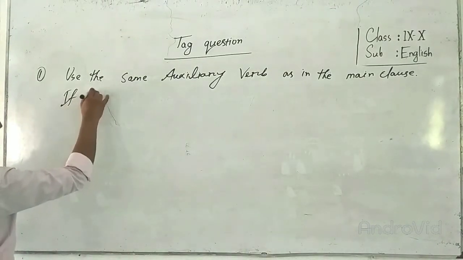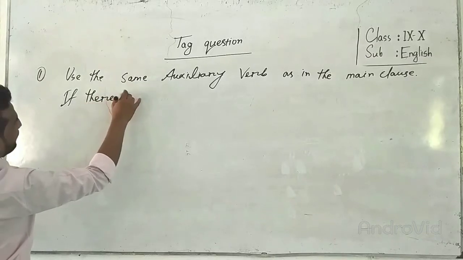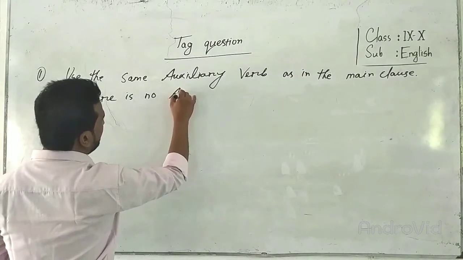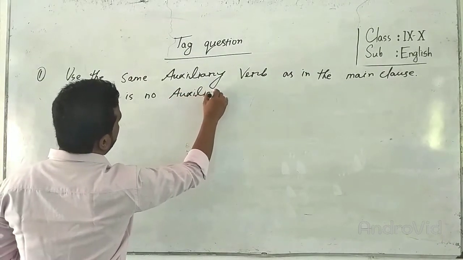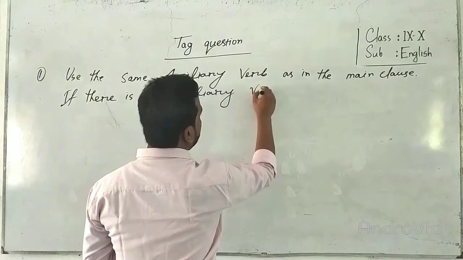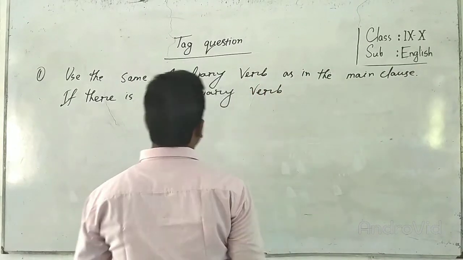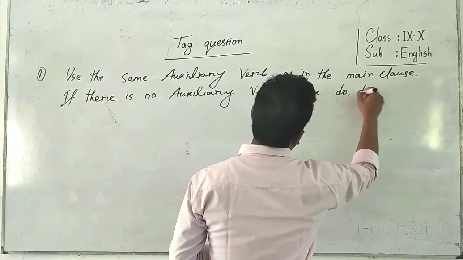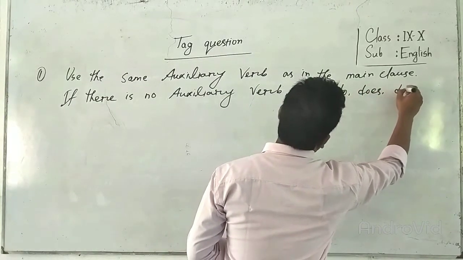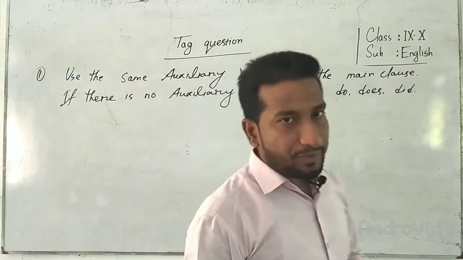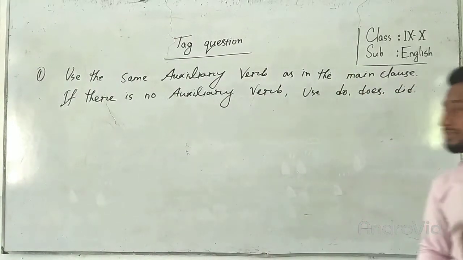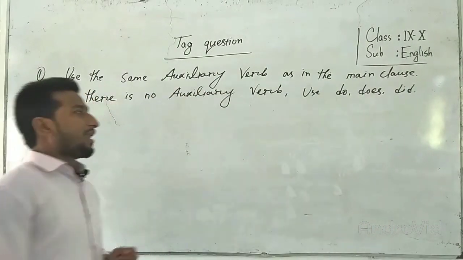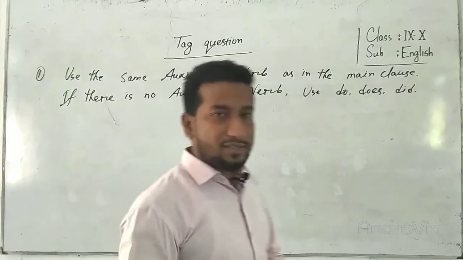If there is no auxiliary verb, use do, does or did. Students, we have to keep in mind that if there is an auxiliary verb, we have to put it in the tag, or if there is no auxiliary verb, we have to use do, does, did as auxiliary.